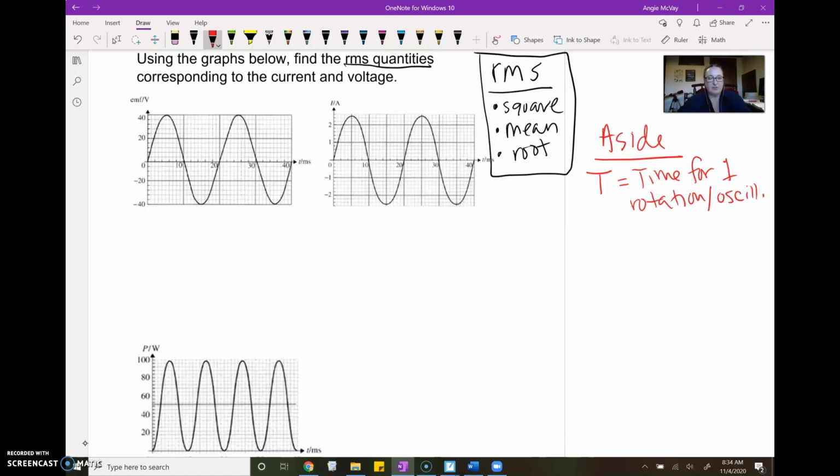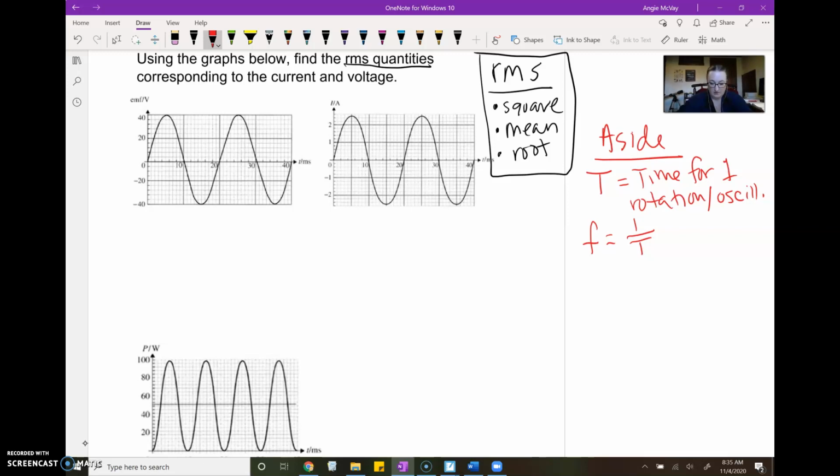Okay, so period is capital T because it's a specific time. Capital T is a time specifically for one rotation or oscillation. Then there's frequency, which is how often something happens, and that's 1 over time. So period is time per rotation. Frequency is rotations per second, essentially.